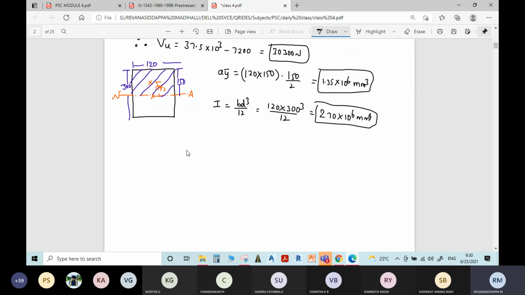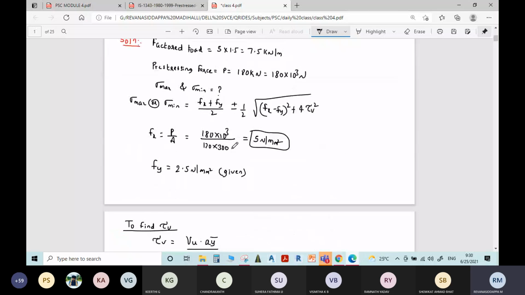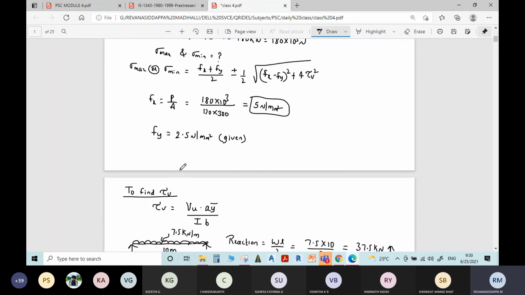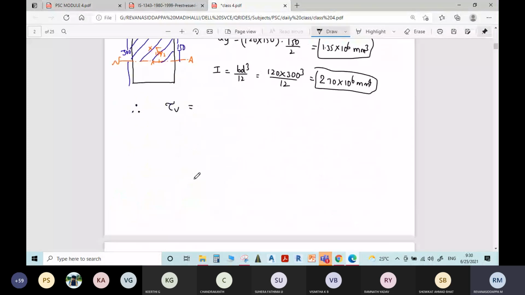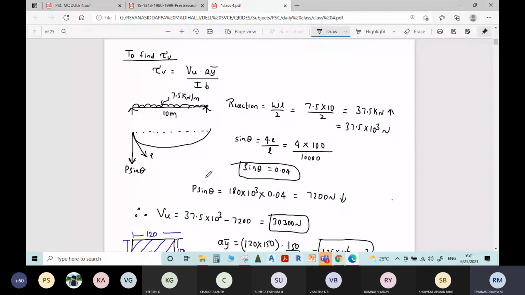Therefore, tau V is equal to, first tau V we are calculating now. Vu into Ay bar.